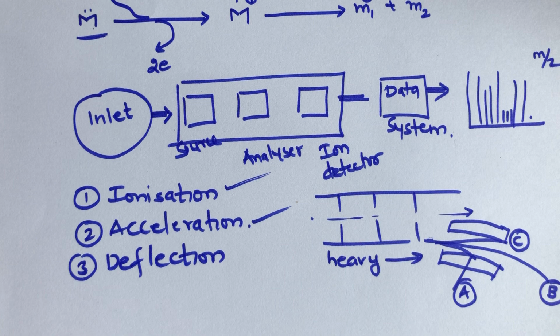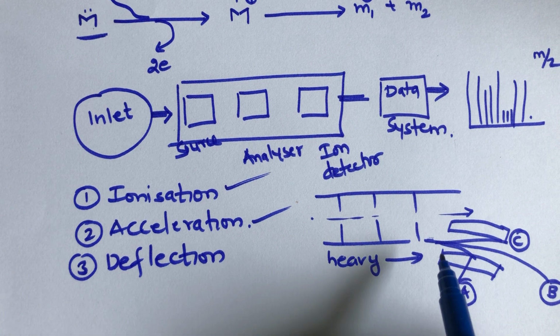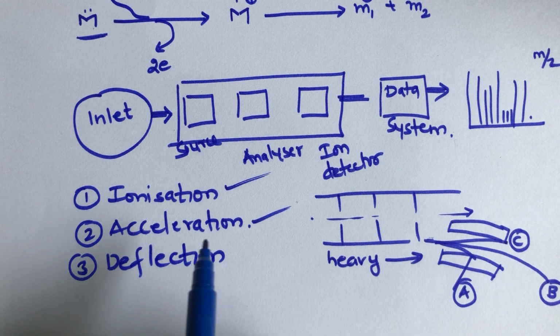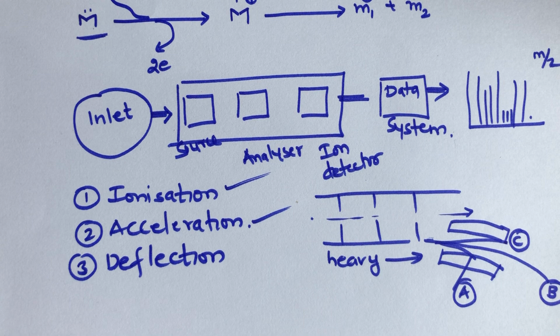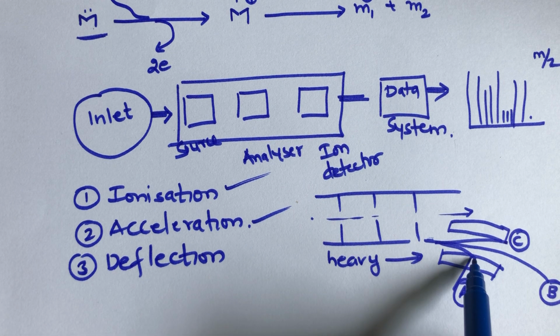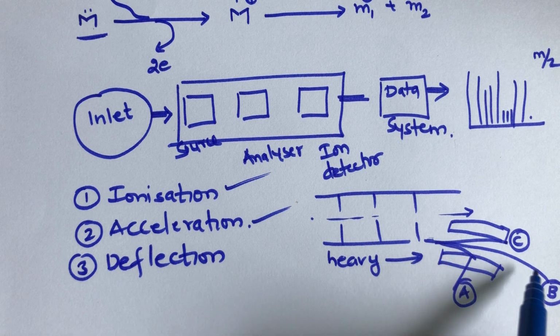So if the ions are heavy and have a +2 charge, they are deflected the least. The lightest ions are deflected the most. The ions at the correct mass by charge ratio travel to the detector.